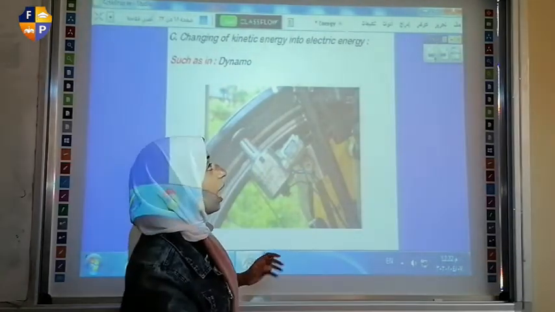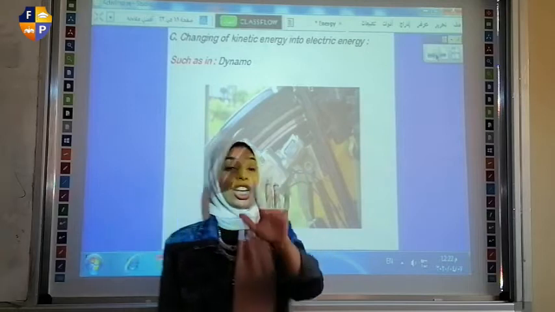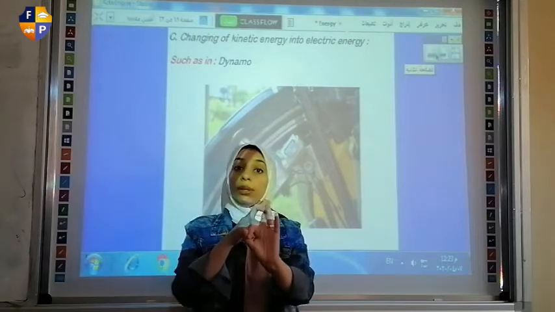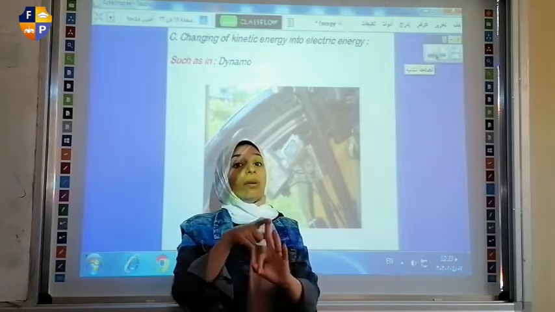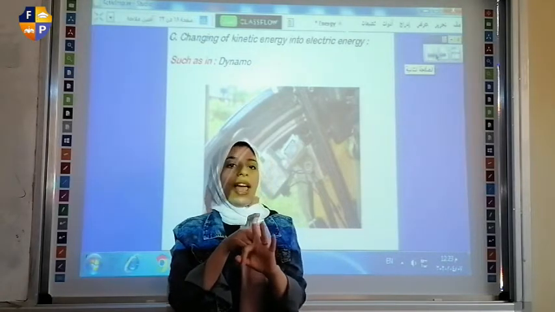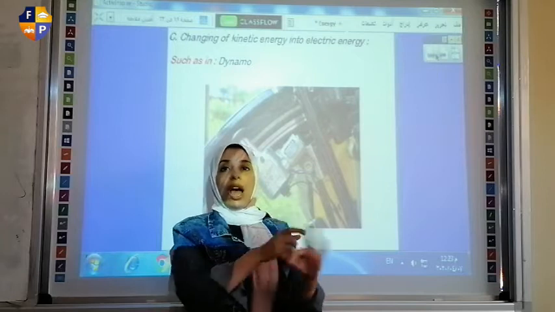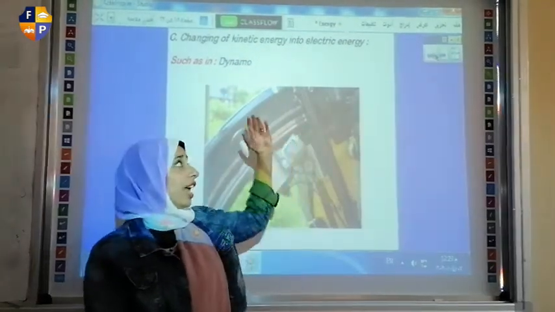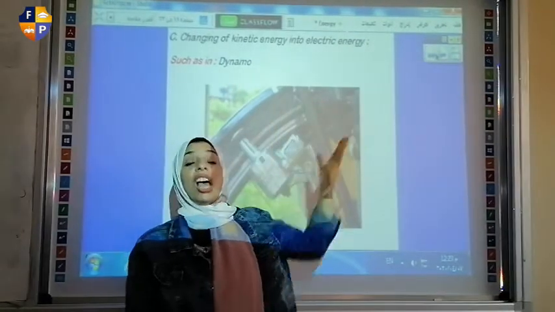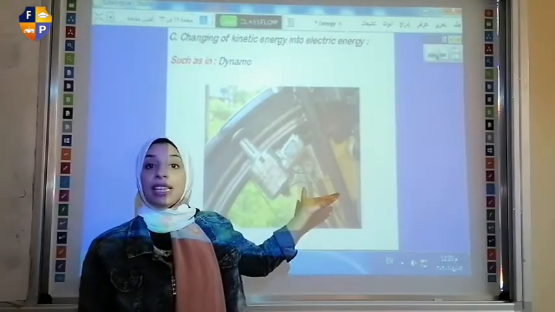Okay, so the kinetic energy can change into three types: sound energy, heat energy, and electric energy. Sound energy like guitar and violin. Heat energy like rubbing hands. And kinetic energy can change into electric energy like the dynamo that exists in the bike.